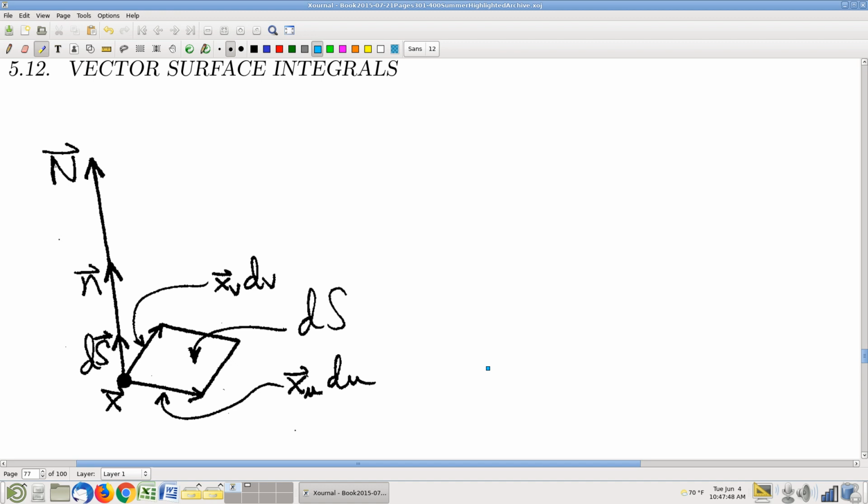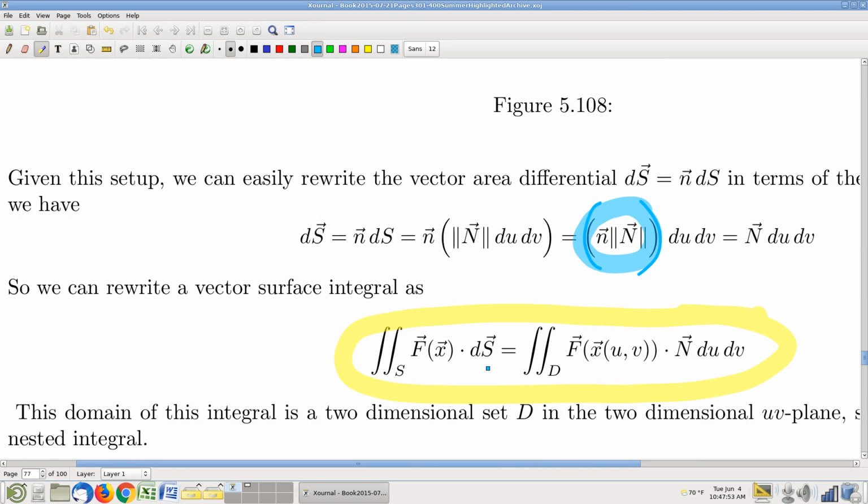So let's think about what we have down here then. We are now looking at a vector that points in the direction of little n and has magnitude equal to the magnitude of capital N. Let me say that a little bit differently.